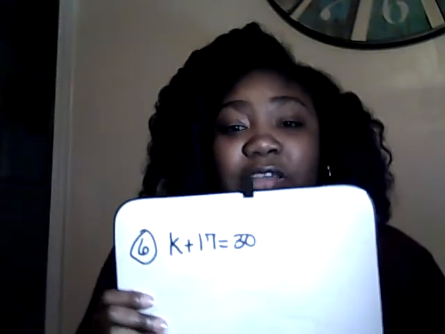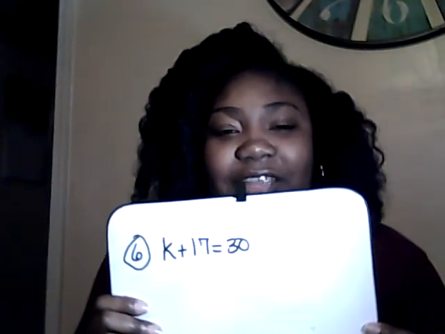All right, number 6. K plus 17 equals 30.